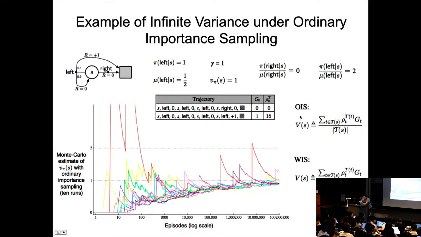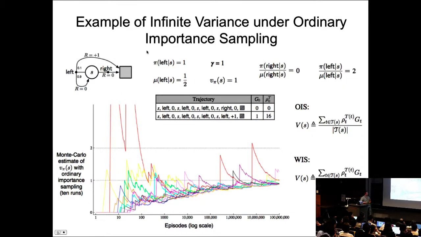So this is the ordinary importance sampling, which is to say, you're executing multiple trajectories. So you start at state S, and then you're executing left, you get 0, you get back to S, left, 0, and so forth, up until you hit the terminal state. Same thing happens here. Up until you hit +1, you get the terminal state. Okay? So you can just look at this little dynamics.